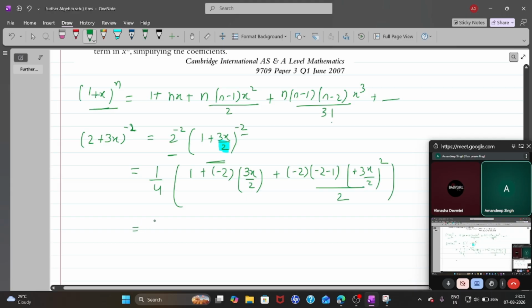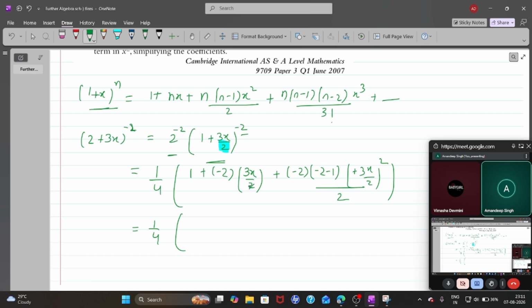So it is 1 by 4; the 2 and 2 will get cancelled. So it is 1 minus 3x, and it is minus 2 into minus 3, 9x square divided by 8.